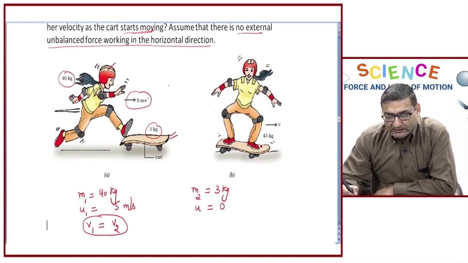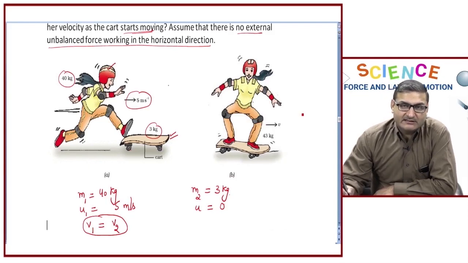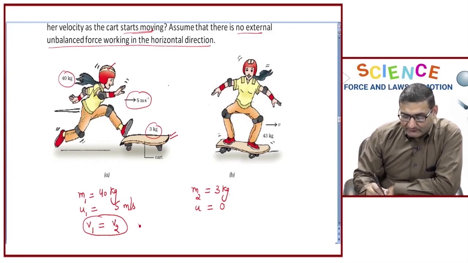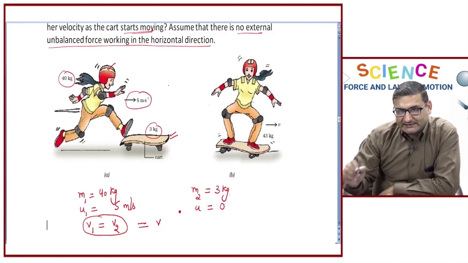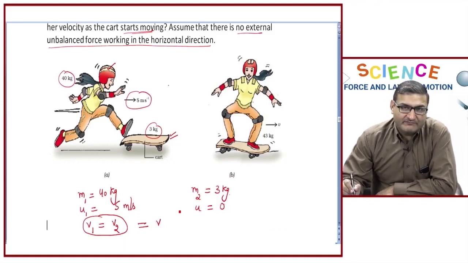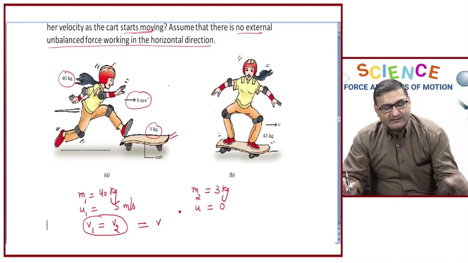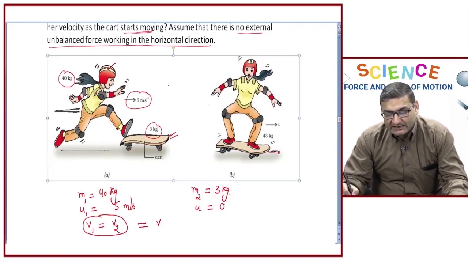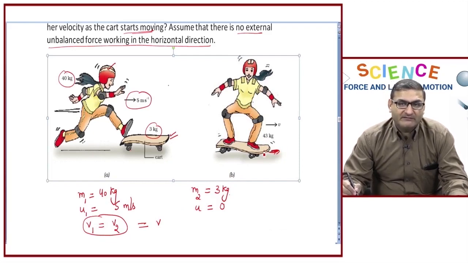Because they both are moving with the same velocity after the girl jumped onto the cart. This is the most important thing that we need to remember. Let that final velocity be commonly represented as v. v1, v2 represented as v, right? And this is what we need to calculate, the velocity with which the cart is moving. And obviously when the cart is moving and the girl is on the cart, the girl also will be moving with the same velocity along with the cart.